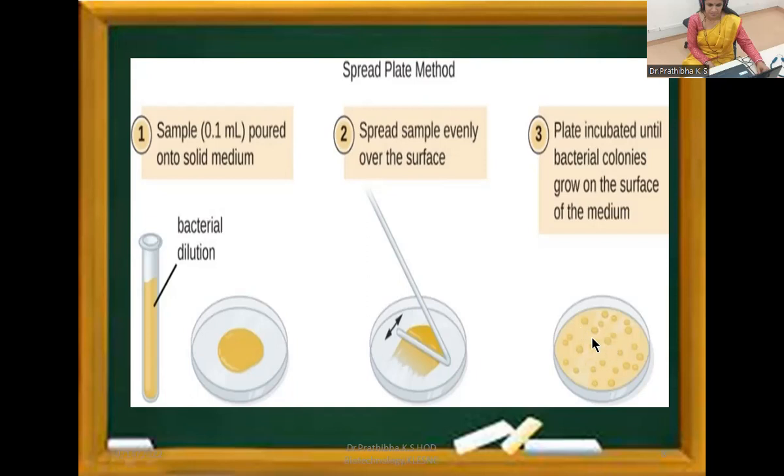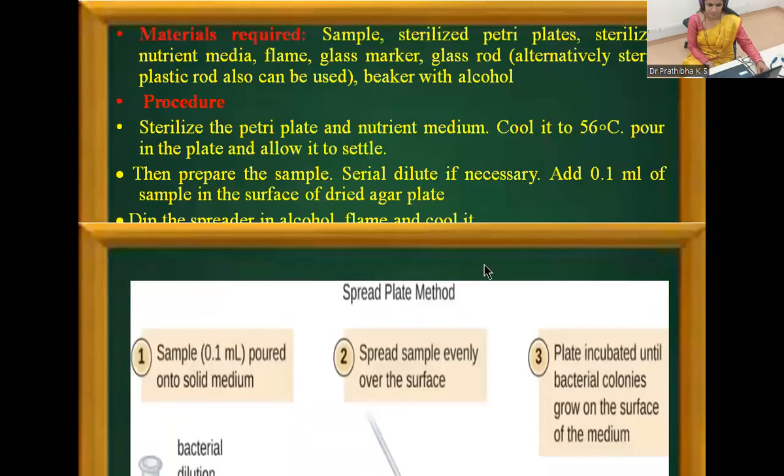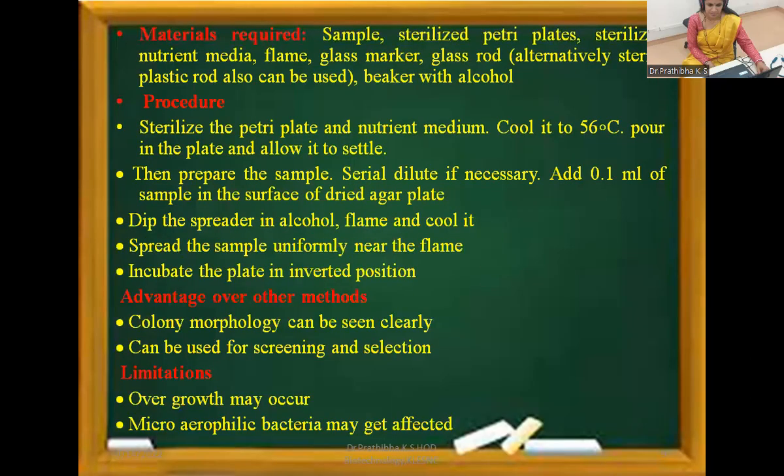As you could see here, individual colonies can be counted and we can observe them through a microscope. Very separated colonies can be seen through this spread plate method. You can also focus on the materials required to perform the spread plate technique, the procedure, then advantages over other methods and limitations of the spread plate method.